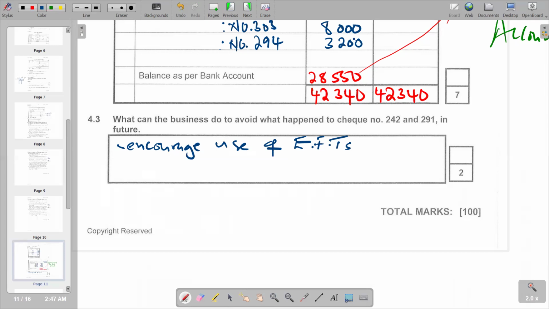To avoid the issue of becoming stale, obviously we can also encourage the use of EFTs, because if we use EFTs, we cannot encounter the problem of stale checks. Remember, stale checks means the check is out of date. So basically, if we make the payments using EFT, we cannot encounter that problem.